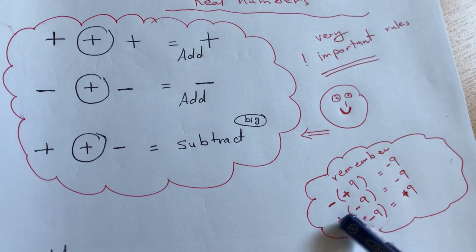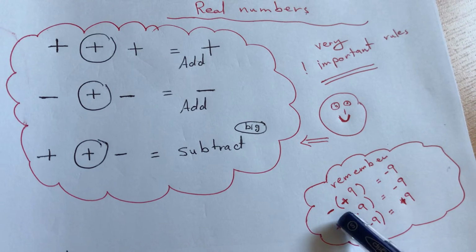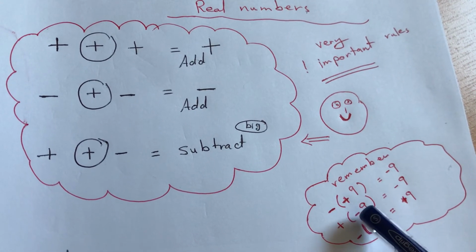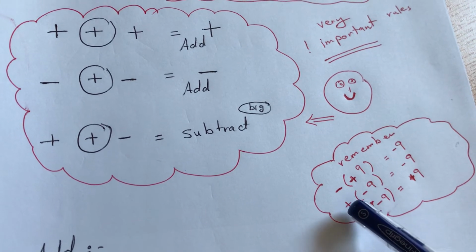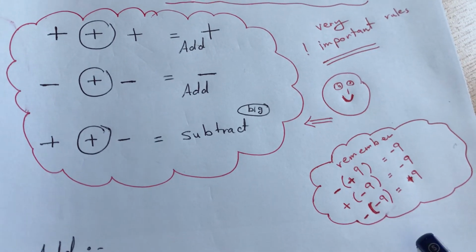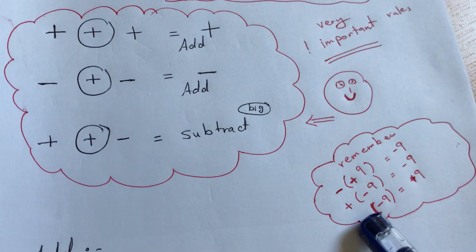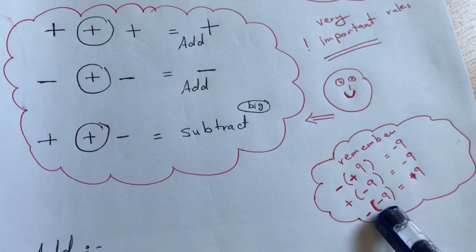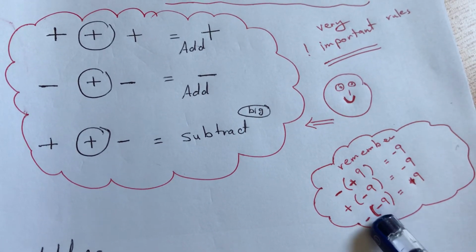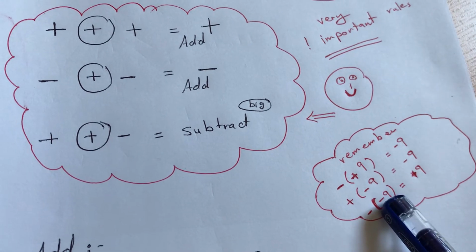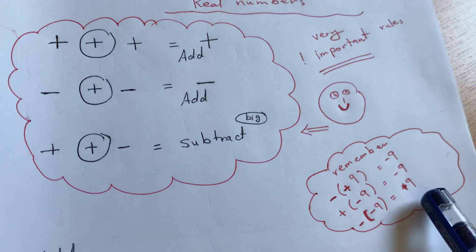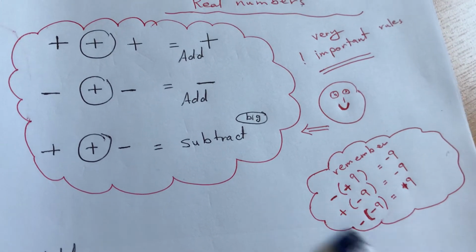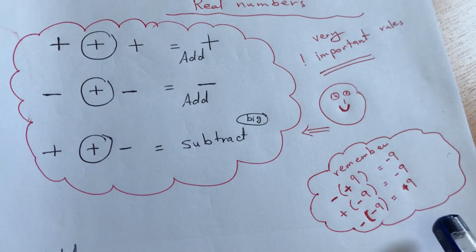Here, plus and minus: if we have plus outside the bracket and negative inside the bracket, again the negative is stronger than the positive, so it will be -9. Here we have negative outside and negative inside, so what is the sign of the 9? Is it negative or positive? Negative times negative will be positive sign, so it will be +9. So these also are important rules.